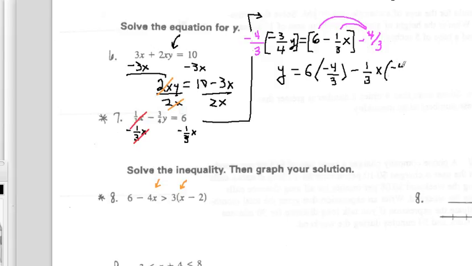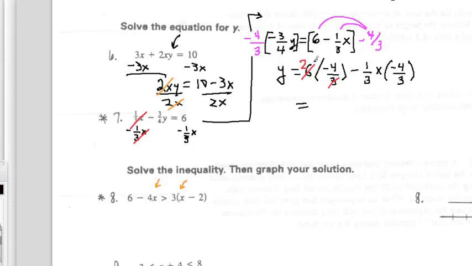We have to make sure that the negative 4/3 is distributed over all of those terms. Now I'm just going to do some cancellations. 6 and 3 have a common factor of 3, so the 6 cancels with the 3, leaving 2. And that's all the cancellation I see.